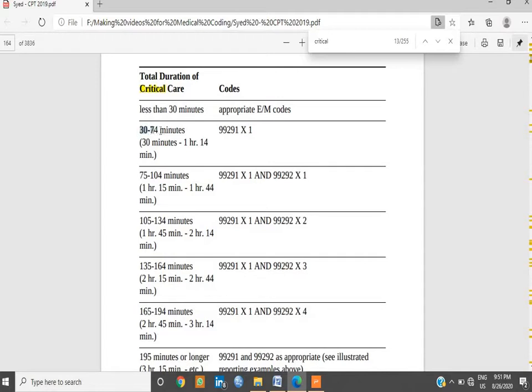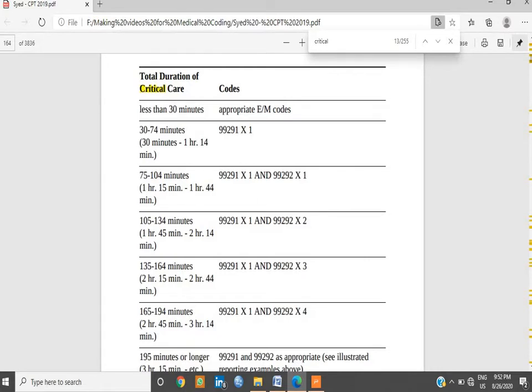If it is more than 30 minutes but less than 75 minutes, that is till 74 minutes, you can code 99291. And if it is more than 74, that is 75 till 104 minutes, then you can code the base code, that is 99291, and the add-on code 99292.